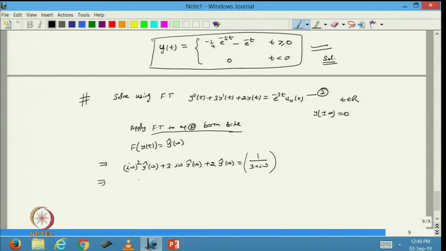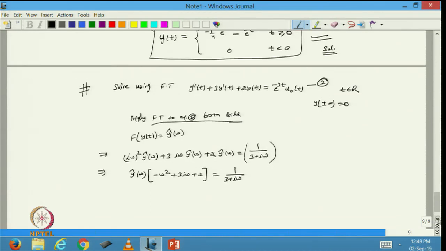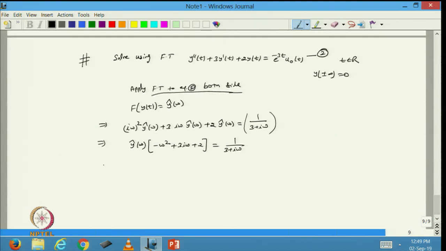Now, if I solve further, this will be equal to y hat omega times minus omega square plus 3 i omega plus 2 is equal to 1 over 3 plus i omega. So, which can be further solved.